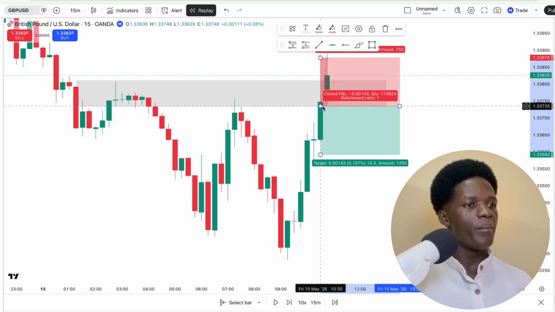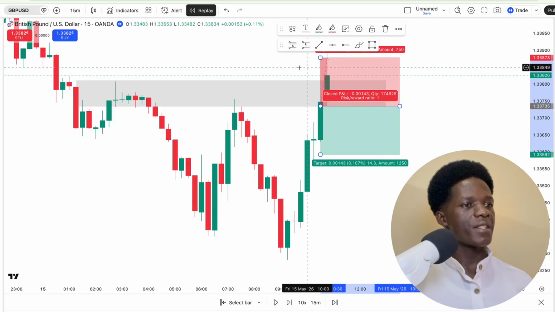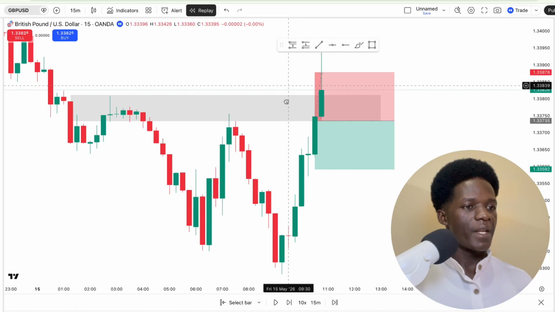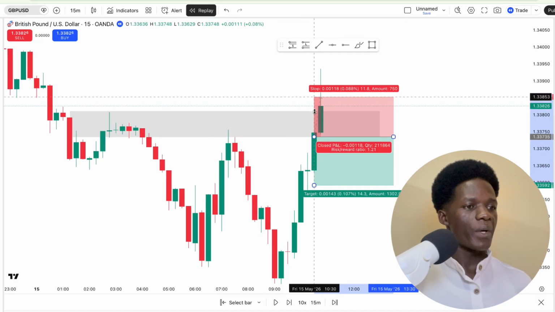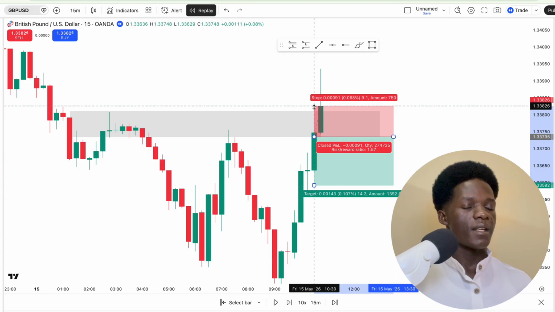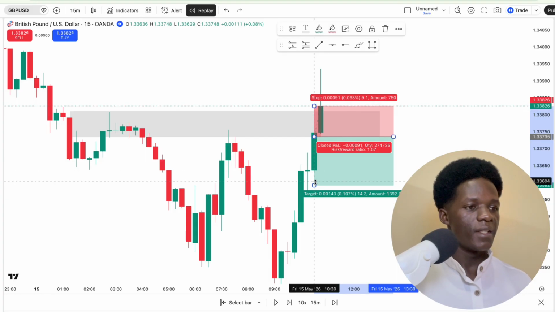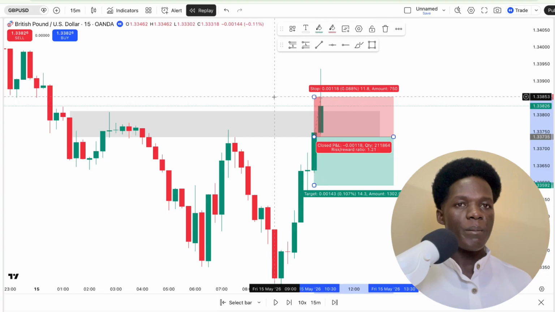They say, now price has reached my key level, I have to enter immediately so that I get a high risk to reward ratio trade. They enter, they are stopped out. Now, let me show you here.